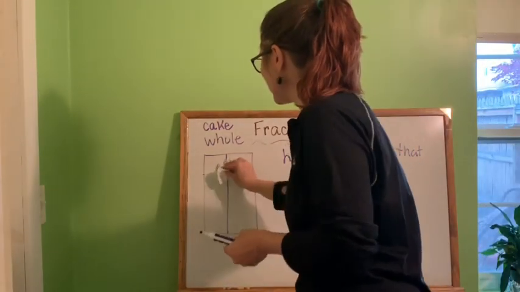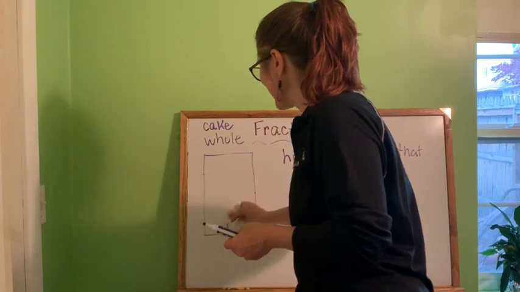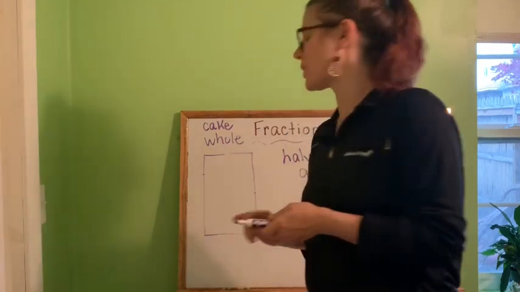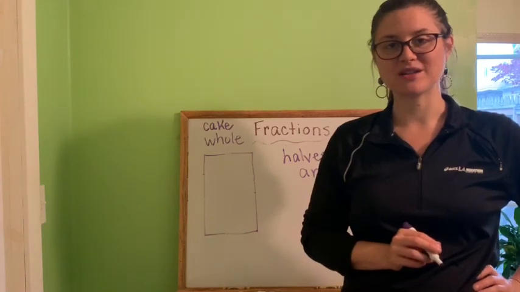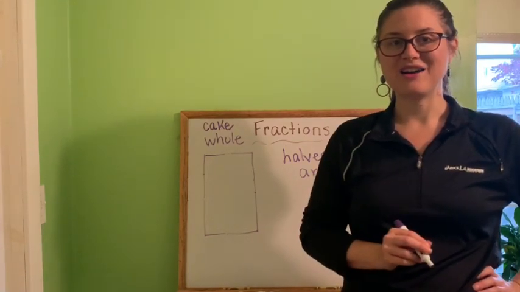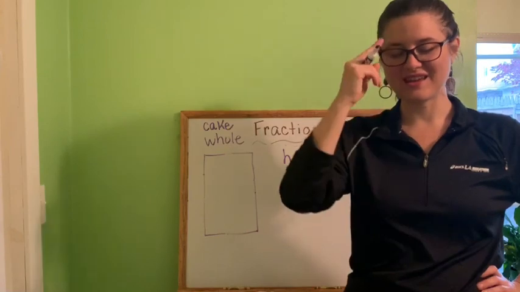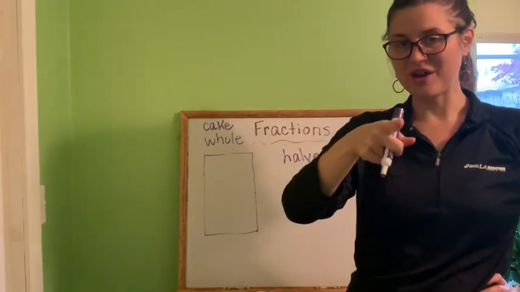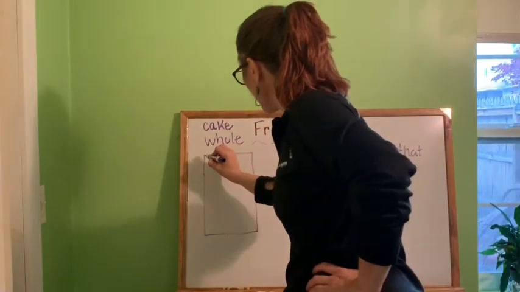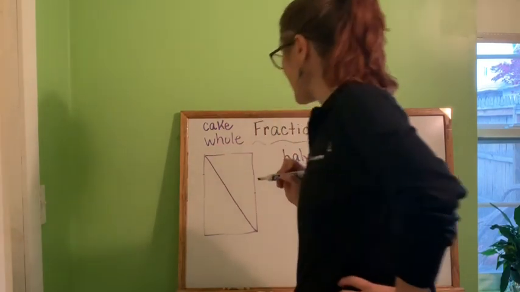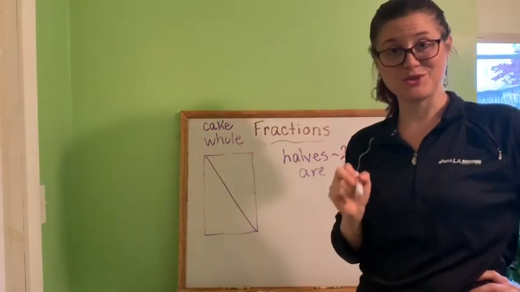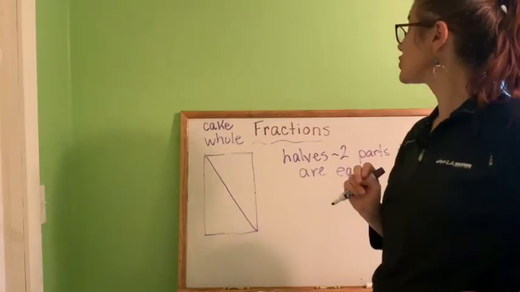All right, let's see, this is tricky. See if anyone can think of one more way to split that into equal parts. Thinking? If you thought of this, excellent job. We can actually split a rectangle into 2 equal triangles.